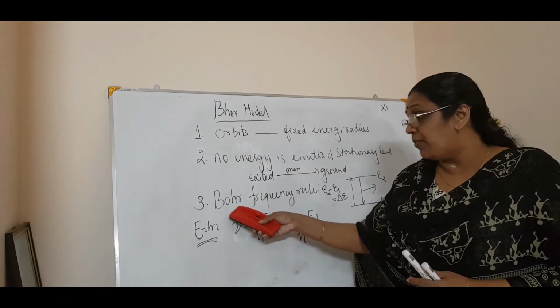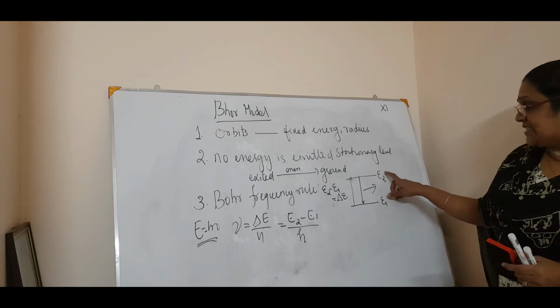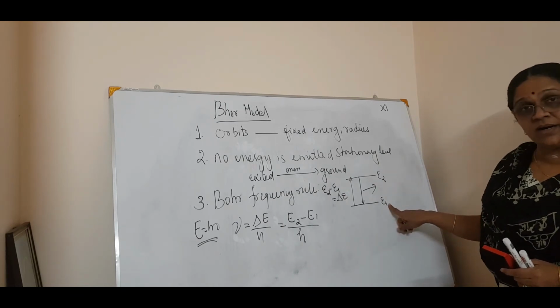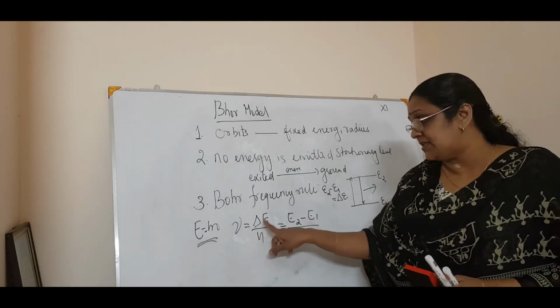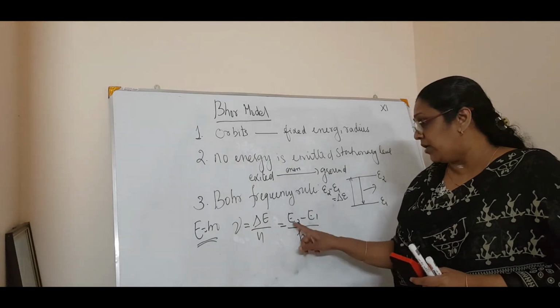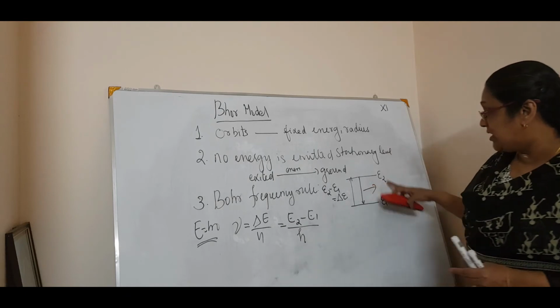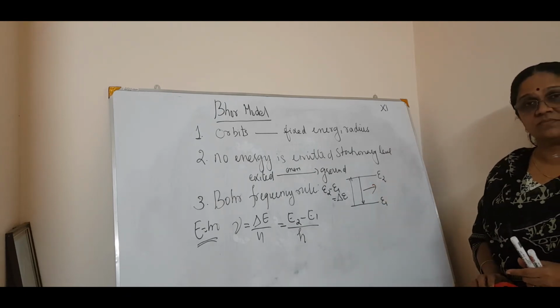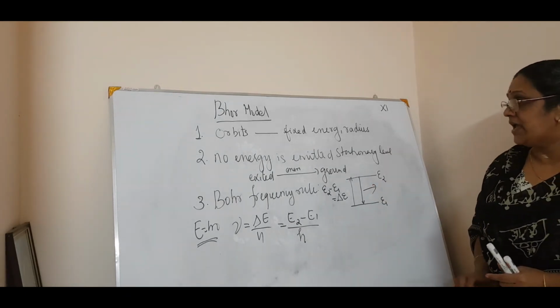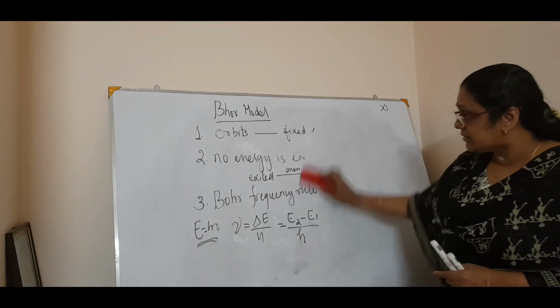So that is the Bohr frequency rule. If it emits radiation from E2 to E1, you can have the frequency as delta E by h, or E2 minus E1 by h, where delta E is equal to E2 minus E1. Clear?